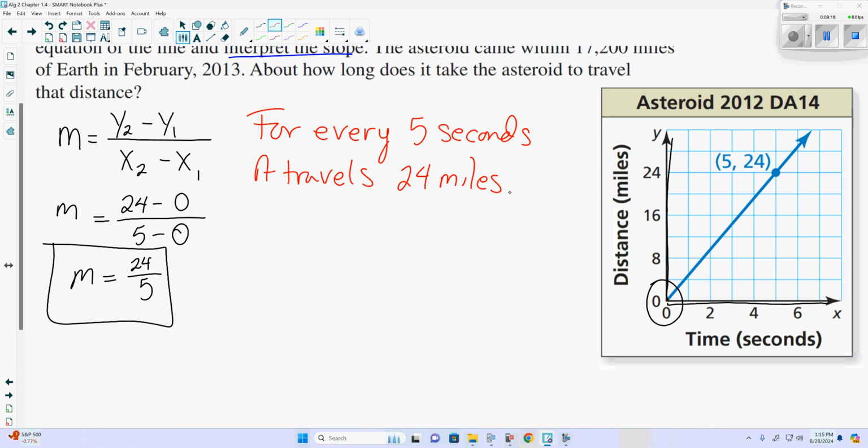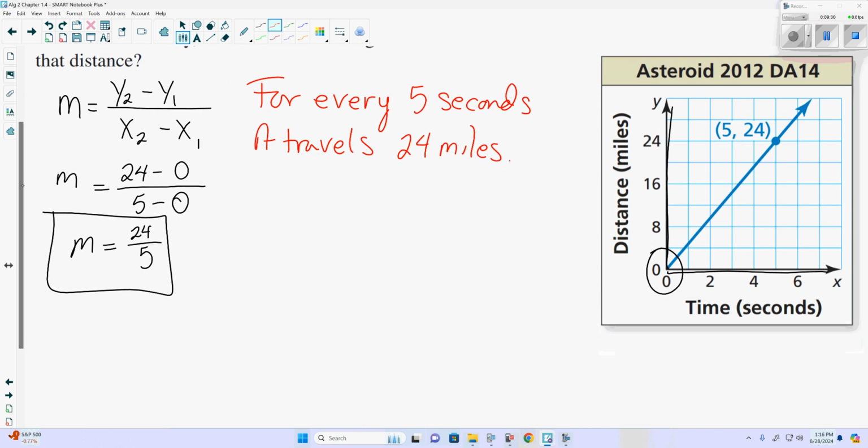Because there'd be no way we're making that turn, traveling that fast. But again, this is an asteroid. Asteroids do travel faster than we can, or consistently. But this here is traveling for every 5 seconds. Every 5 seconds, it's going to travel 24 miles.